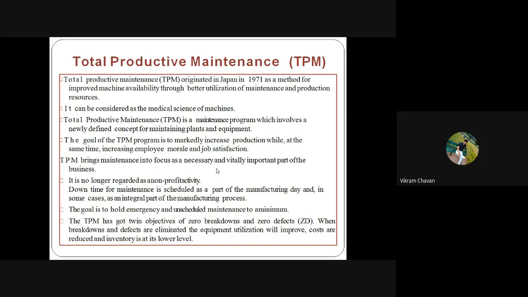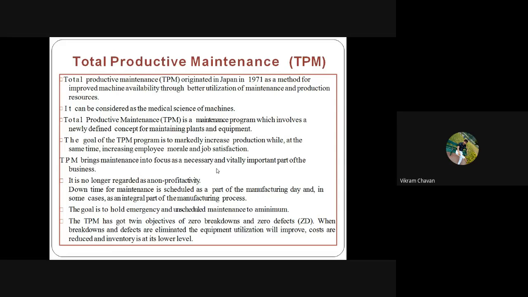Total productive maintenance, TPM, originated in Japan in 1971 as a method for improved machine availability through better utilization of maintenance and production resources. It can be considered as a medical science of a machine.